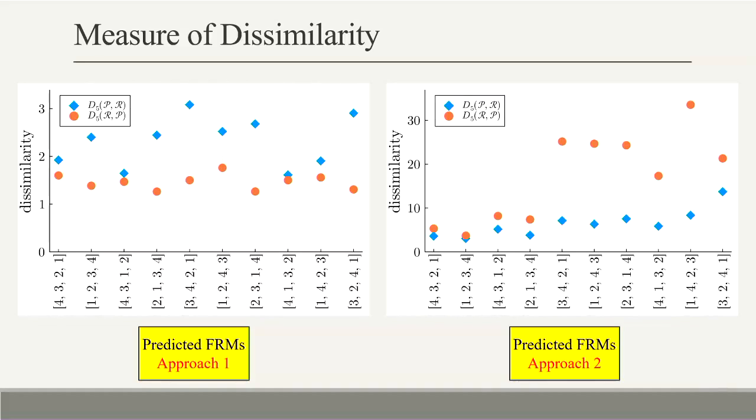Also, with the first approach, where I predicted the whole flow and then put the Poincaré section on it, the dissimilarity from prediction to reference was always higher than from reference to prediction. But with the second approach, they switched, and it's just because of the extra points that I have in the middle of my first return map. That's it.